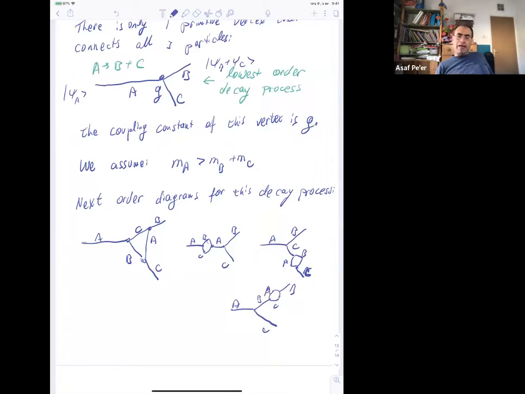So the next leading order diagrams all have to be of the third order. So this is what our theory allows.